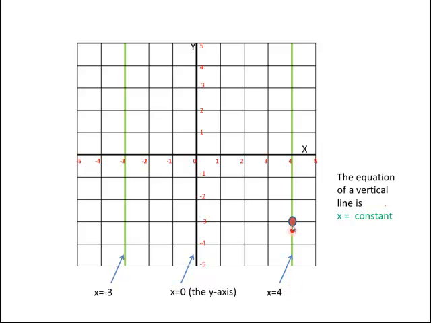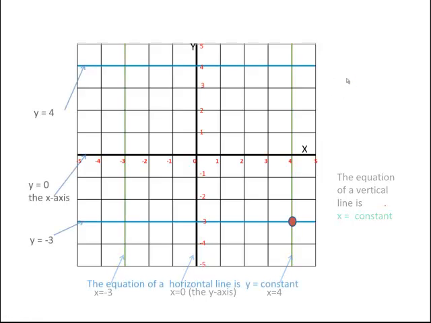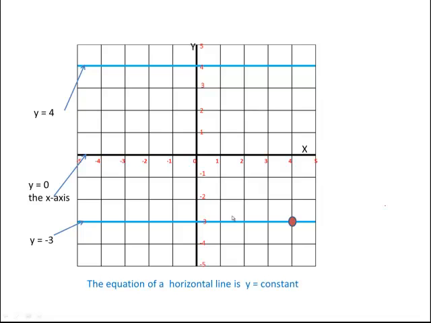That means not only does this particular point have x coordinate 4, but so does every single point on this vertical line. The equation of a vertical line is x equal constant, and in the same way, the equation of a horizontal line is y equal constant.